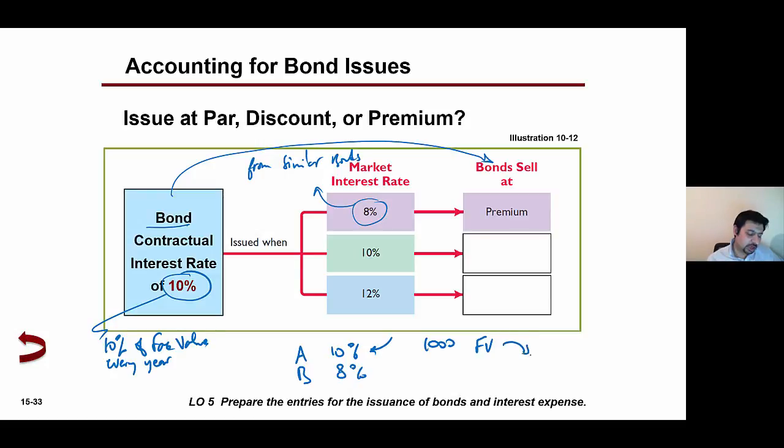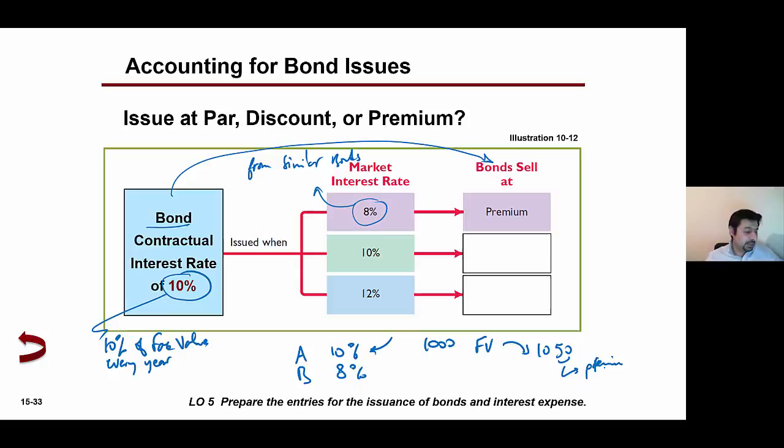The company might ask, for example, for $1,050. So this extra $50 is a premium. The company knows that its bond is better than the other bonds in the market. As a result, they would ask for a premium to sell it, and this is why they say that the bond was sold at a premium.